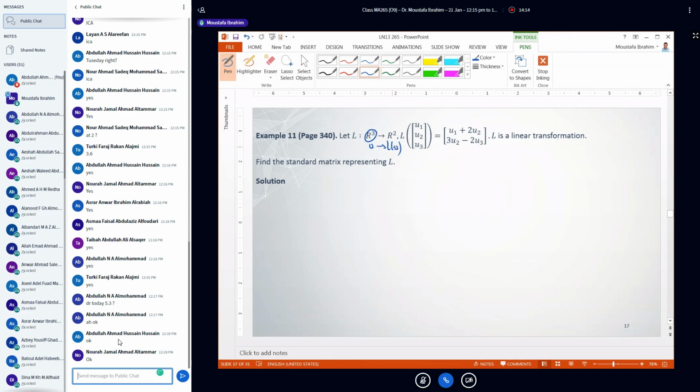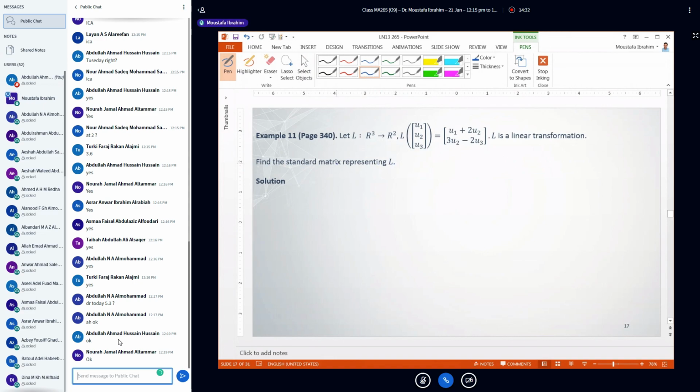So the input is from R3: input is 3 components, output is 2 components. L is a linear transformation, so we are not telling you to prove if it's a linear transformation or not. Directly, we know it's a linear transformation. So find the standard matrix representing L.